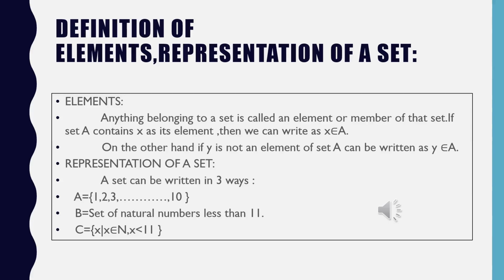Now come to the third way of representing a set, set builder notation. What is set builder notation? It means the elements inside the set are neither written in the form of numbers nor in descriptive form.